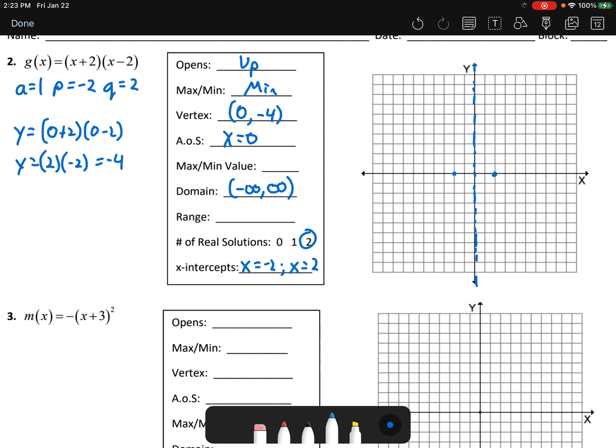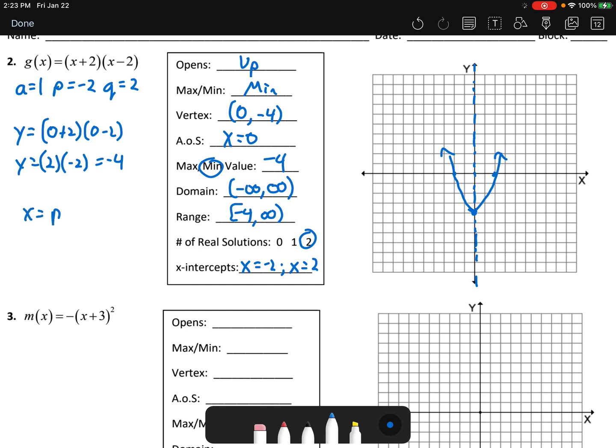So our parabola then, our minimum value is negative 4. There's our parabola. So our range is negative 4 up to infinity.